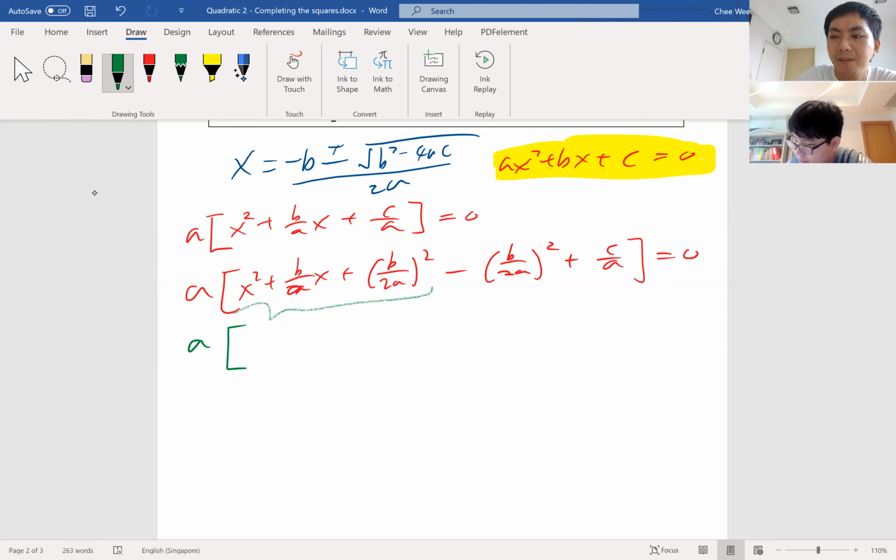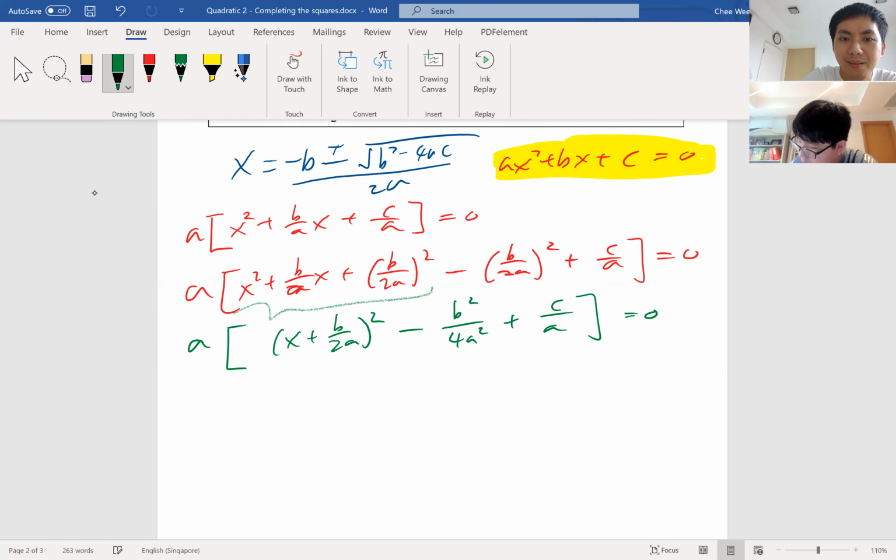And so a, x plus b over 2a squared, minus b squared over 4a plus 4c over 4a.